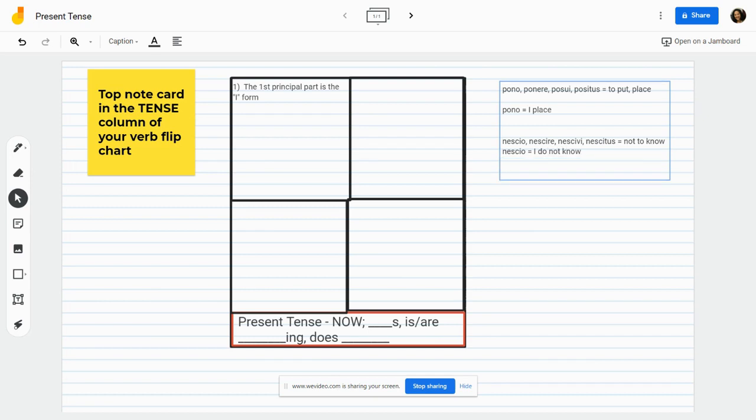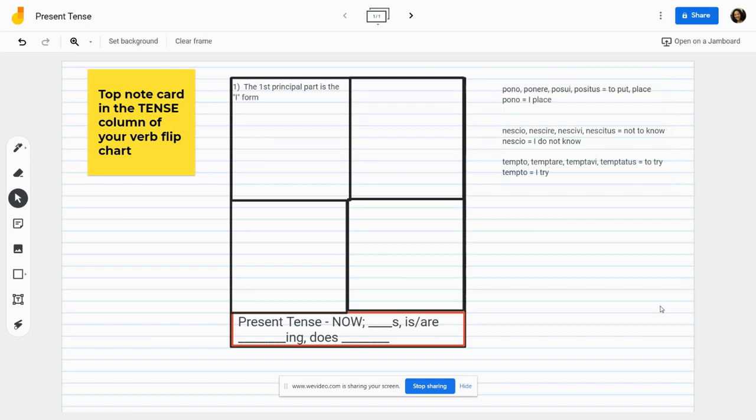Another verb is tempto, temptare, temptavi, temptatus. This means to try. The first principal part would be tempto, T-E-M-P-T-O. It's the I form, so it means I try. The first principal part is the I form.